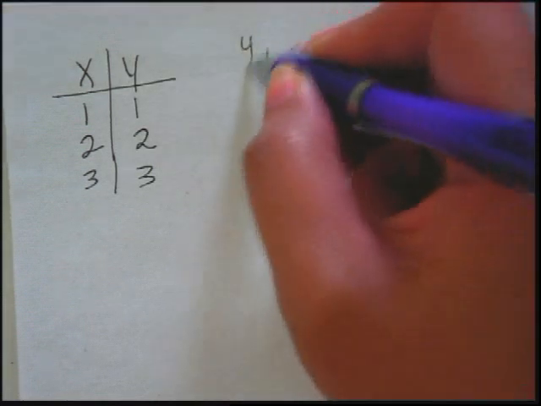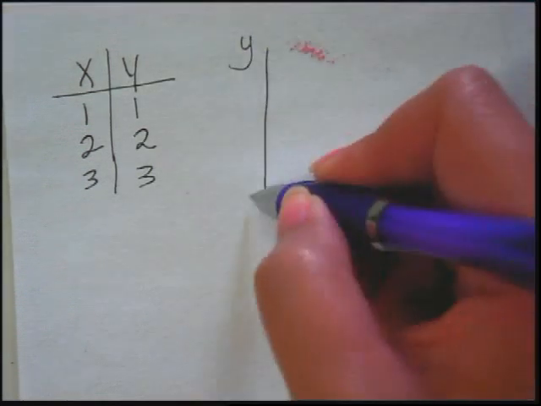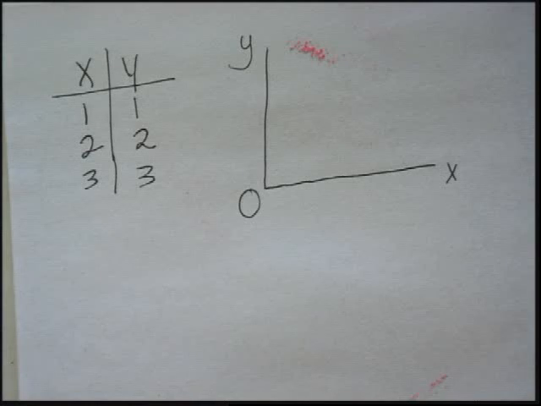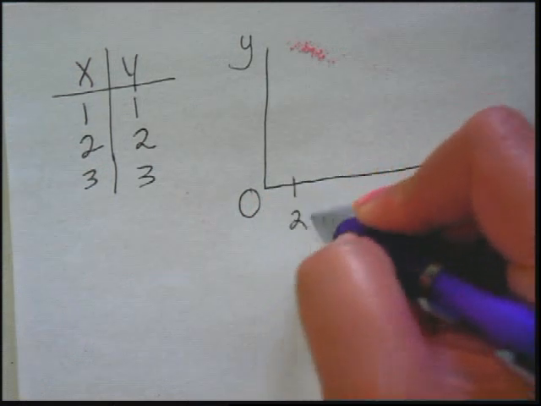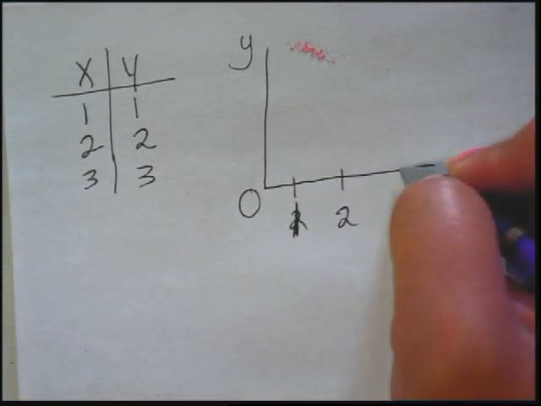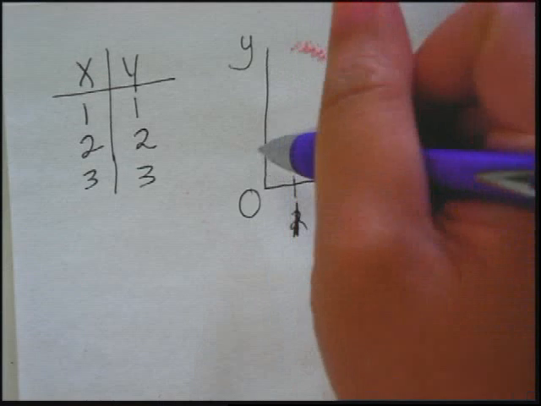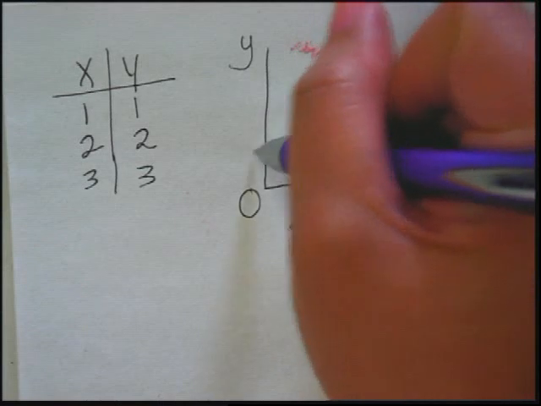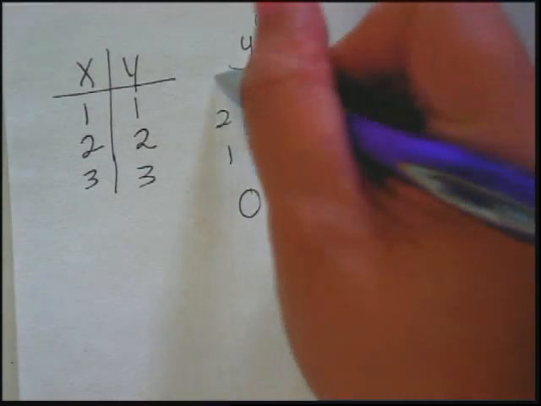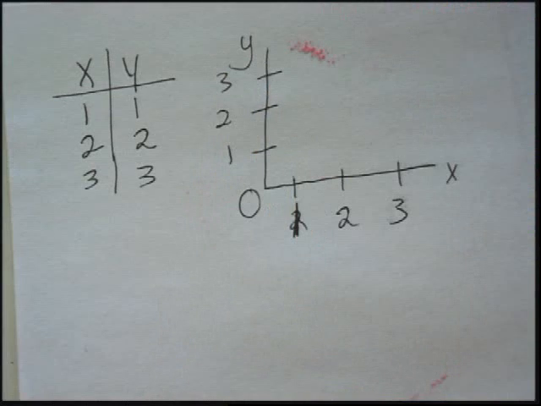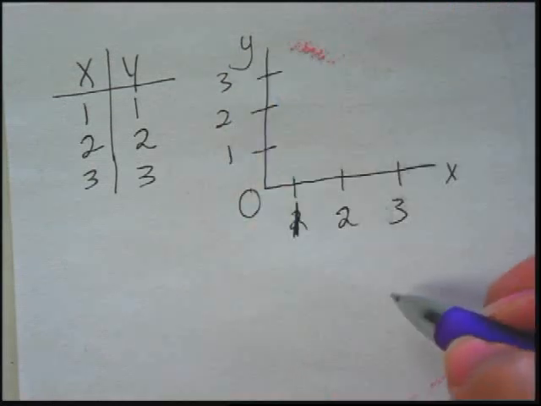And usually we put y over here on the vertical axis. 0, 0 is right over here in the corner, the origin. And on the horizontal axis, from left to right, the numbers get bigger. So here's 1, 2, and 3. And on the vertical axis, we've got 1, 2, and 3 numbers going up as we go up the vertical axis.